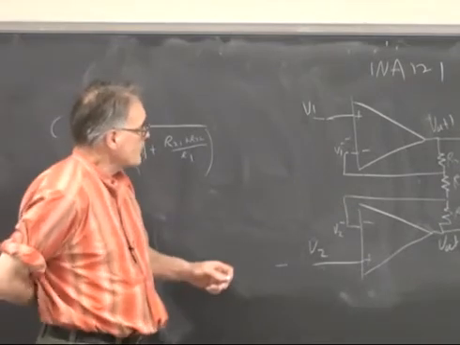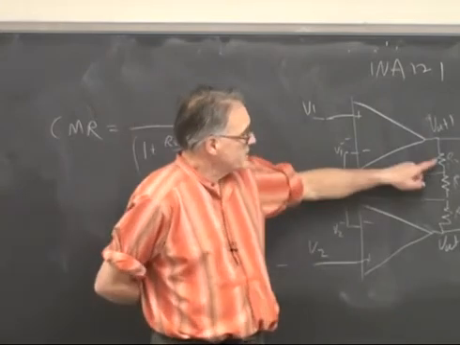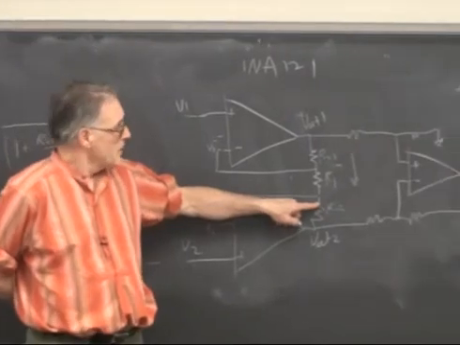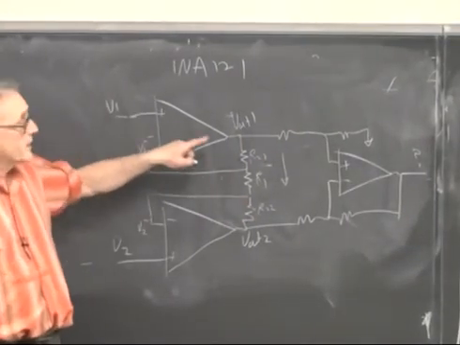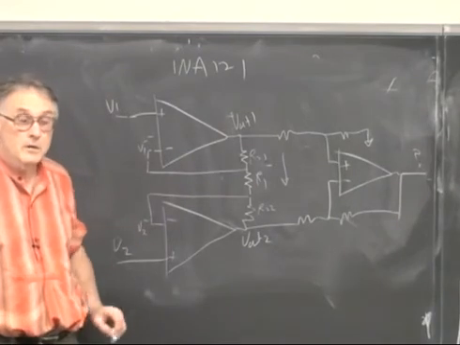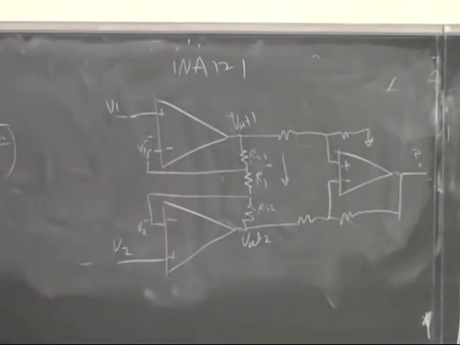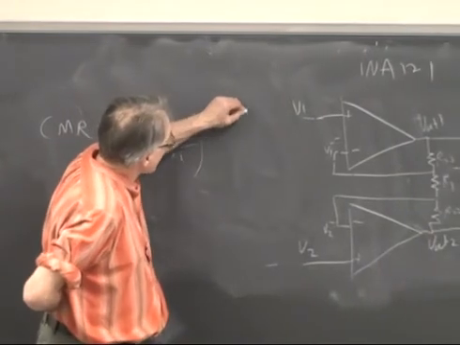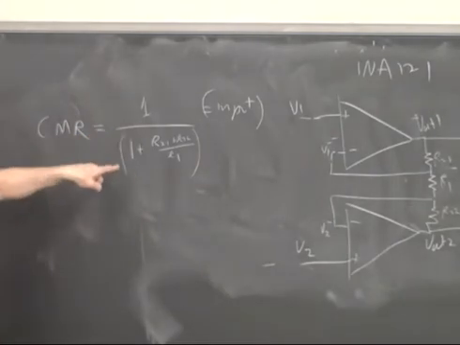Well, if the voltages here are the same, then symmetry says there's no current flow through these resistors. And so this voltage must be the same as this voltage, and so the gain is unity. So for common mode, for equal input, the gain is unity, and this becomes the common mode rejection ratio for the first stage.